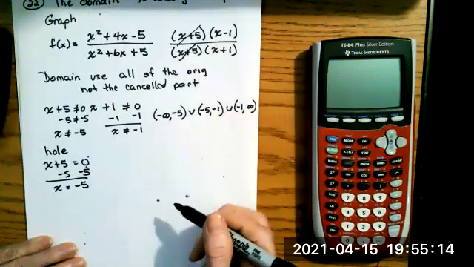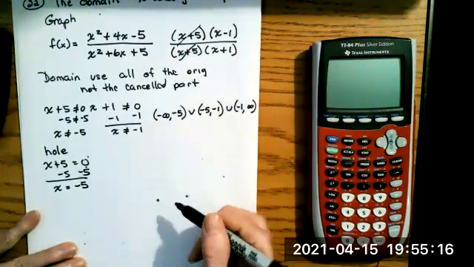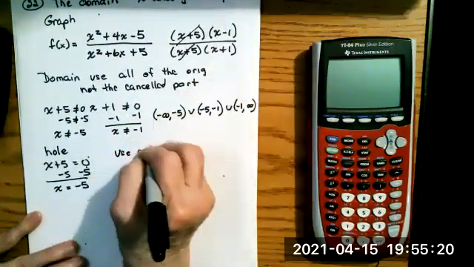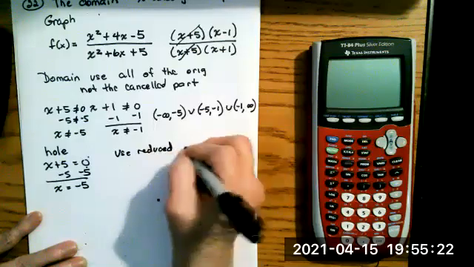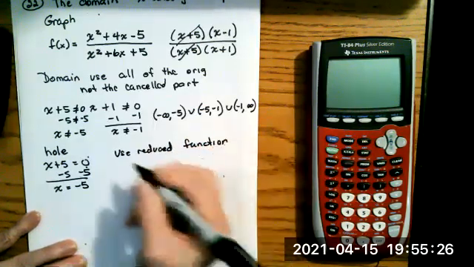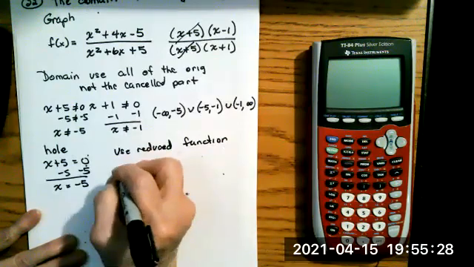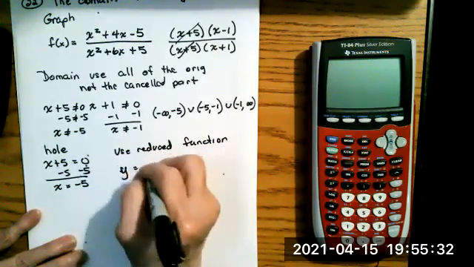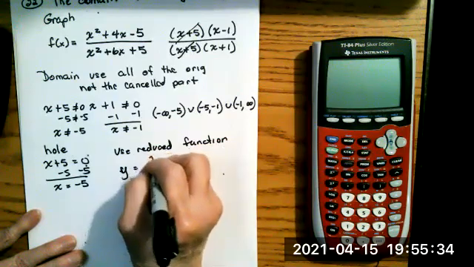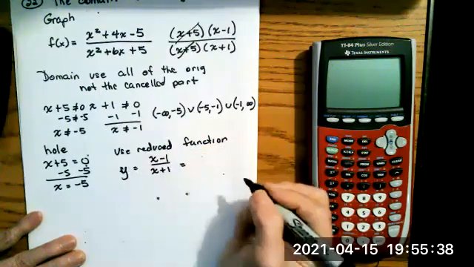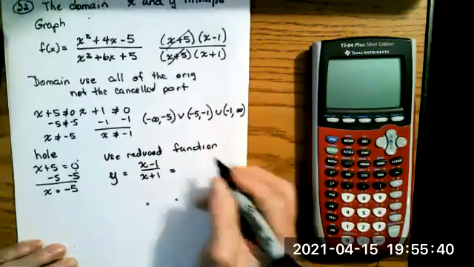We need to find out what the value is there. So using the reduced function, put in x, so we have the y value. Let me put it down so you'll know what I'm using: y equals x minus 1 over x plus 1.